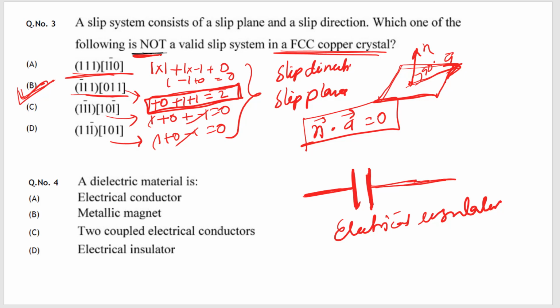Then what happens? That some charges develop, positive and negative, according to the condition what we have applied, right? So opposite charges develop. So these opposite charges are developed, and this is the property of an electrical insulator, that is a dielectric material.